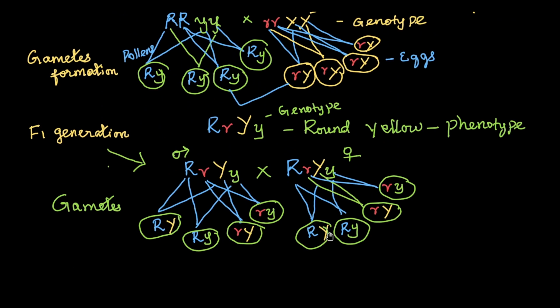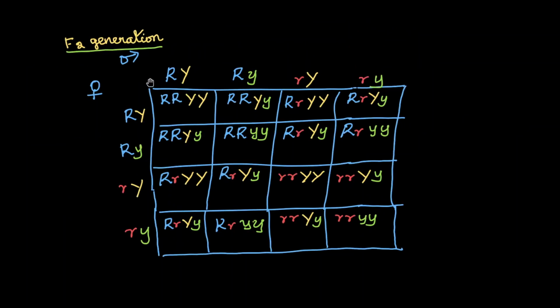Whatever gametes are produced, the four different types of gametes, I am writing on one side of the Punnett square: capital R capital Y, capital R small y, small r capital Y, small r small y. First we write the male gametes here, and the female gametes we write on this side.